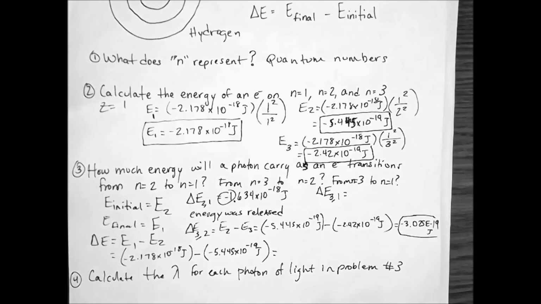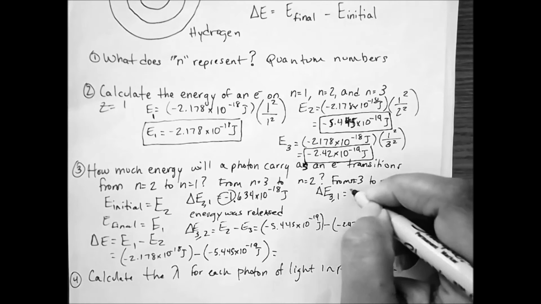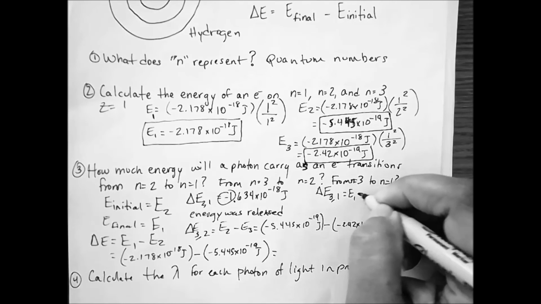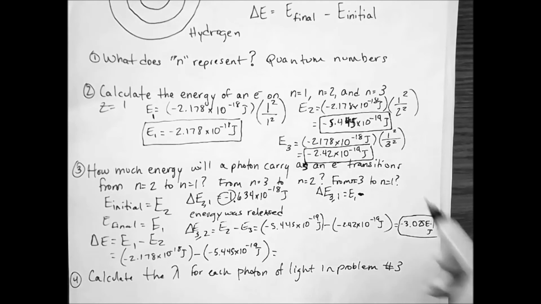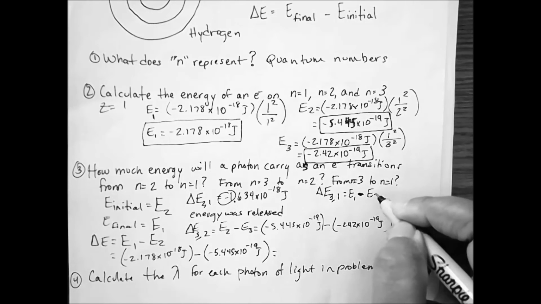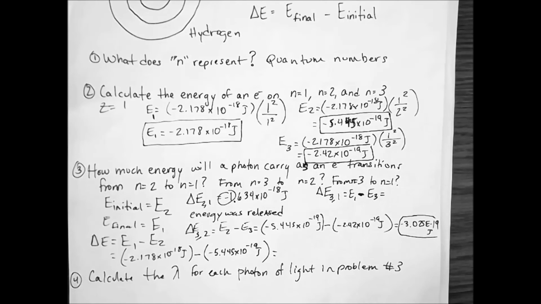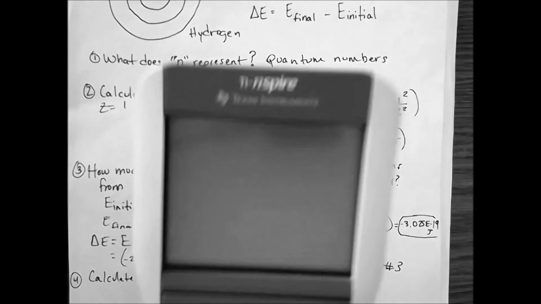If I'm going from the third ring to the first ring, what's the final spot? The first ring, minus, and where were we starting? The third ring. So you do E1 minus E3.